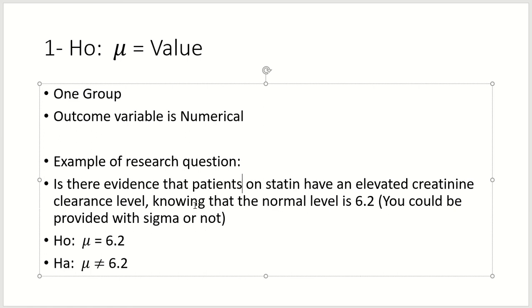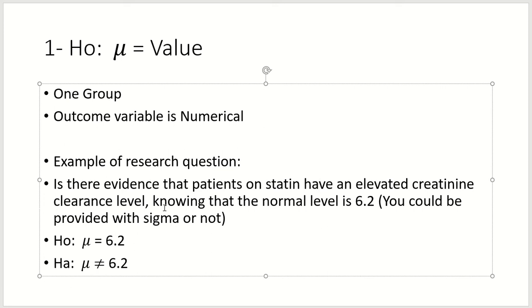If you read this question, you realize that you're only dealing with one group of people. These are the patients on statin. What you're interested in is their creatinine clearance level, which is a numerical outcome.